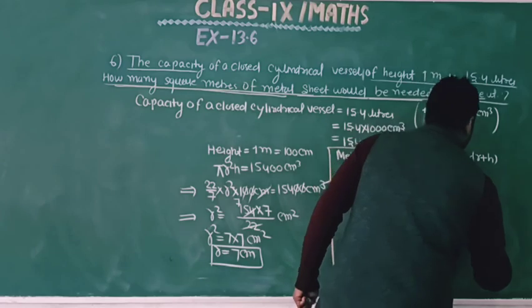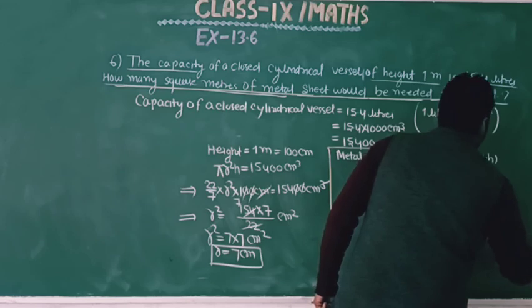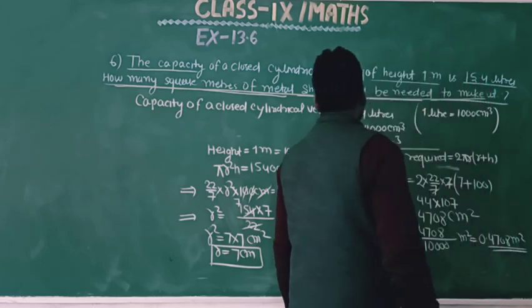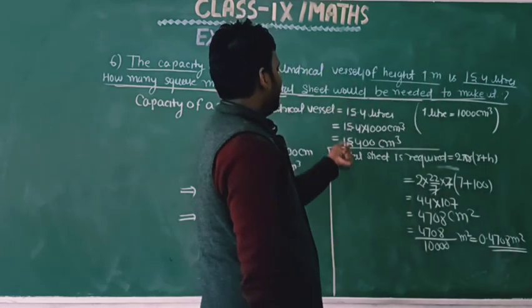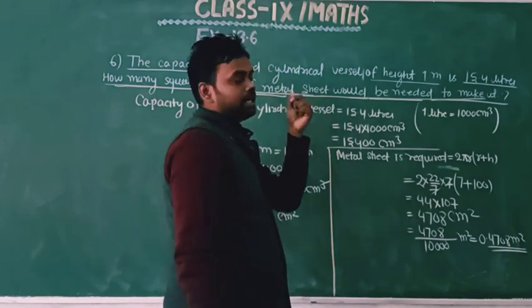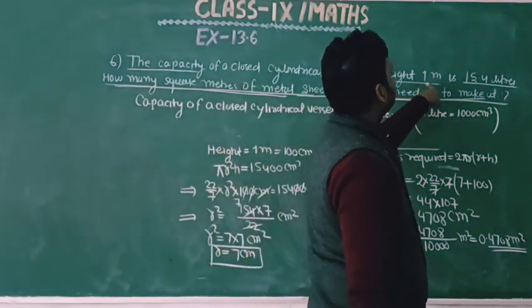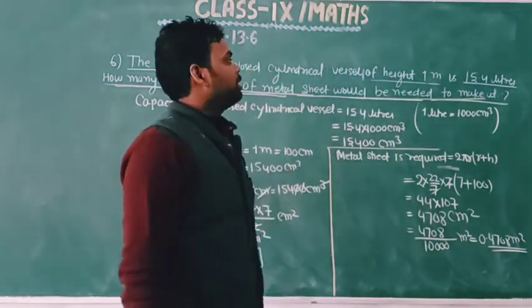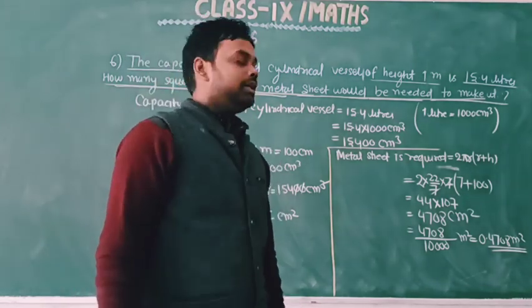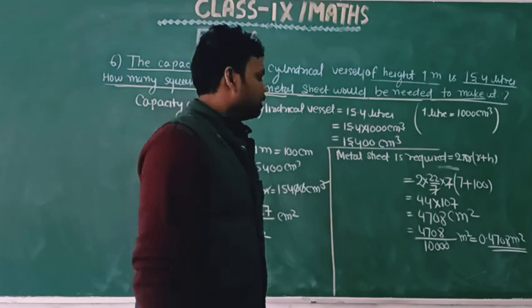So this is 0.4708 meter square. This is the metal sheet required for making the closed cylindrical vessel of height 1 meter and capacity 15.4 liter. This is the required answer of question number 6.